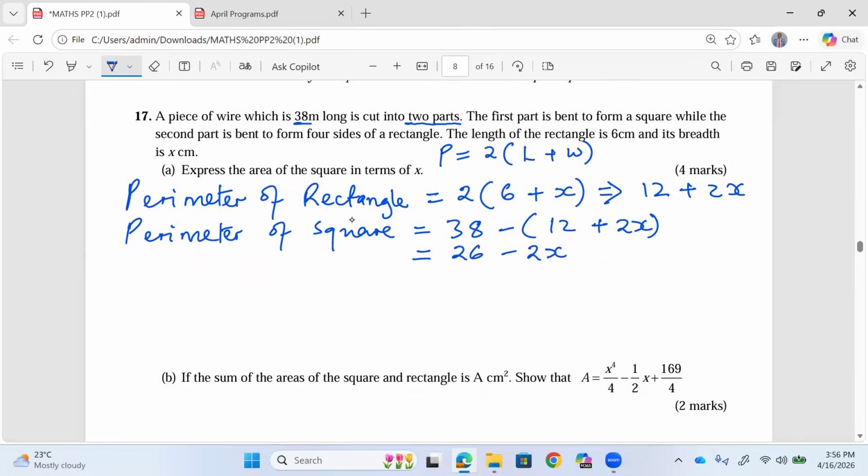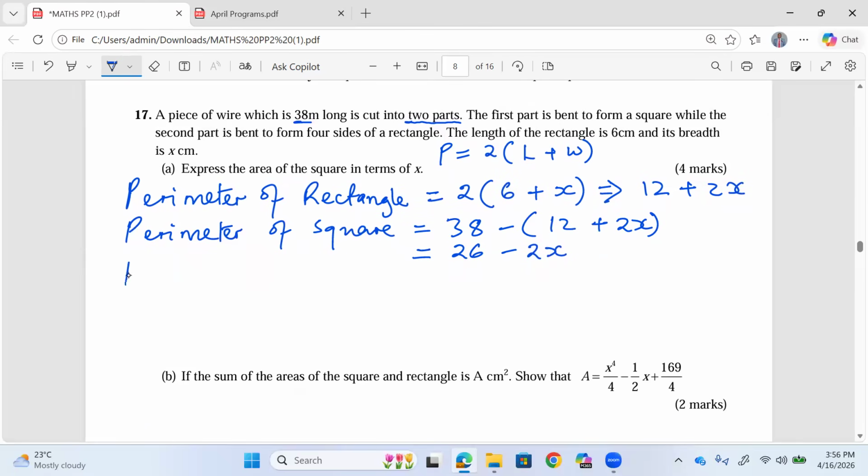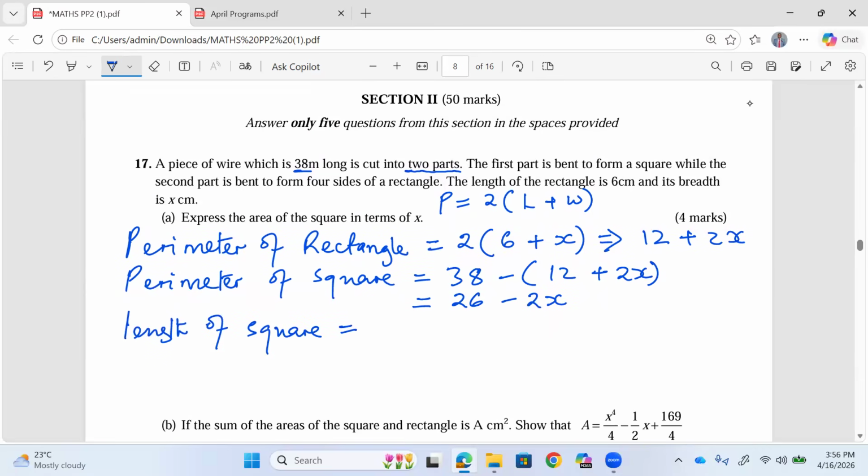Now with perimeter, we can get length. So length of square. Because we have expressed the perimeter, we remember very well that perimeter of a square is usually given by 4 multiplied by side. You know, all the sides are equal.